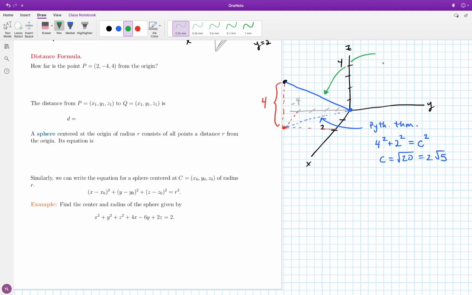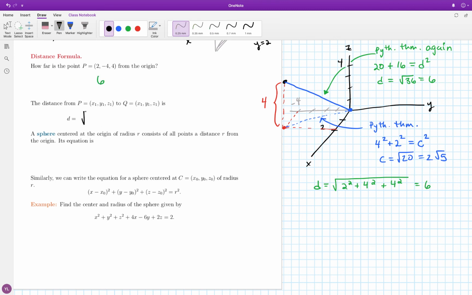So I'm going through basically two different computations using the Pythagorean theorem, which ultimately gets me the distance from the point to the origin, which I think I end up getting as the square root of 36, which is 6. If I look back at the computations I did, I do notice that length just ends up being the square root of 2 squared plus 4 squared plus 4 squared, the three coordinates of the point squared.